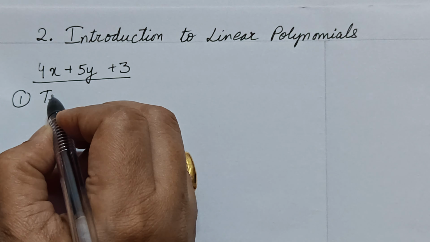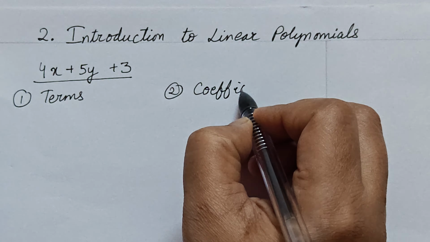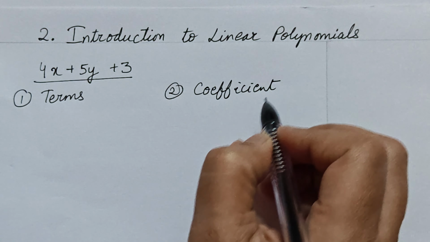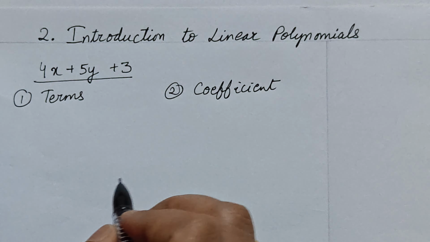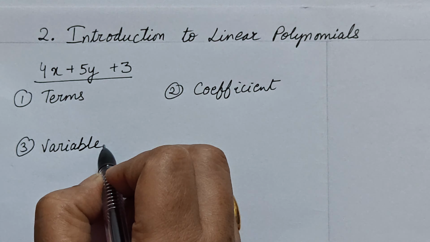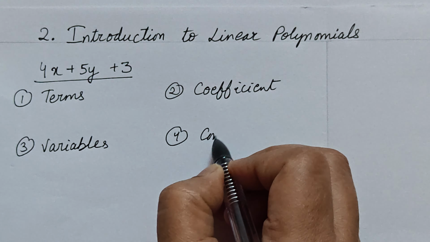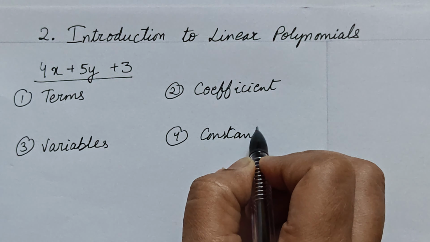Second, coefficient. Third, variables. And fourth, constant. Okay.